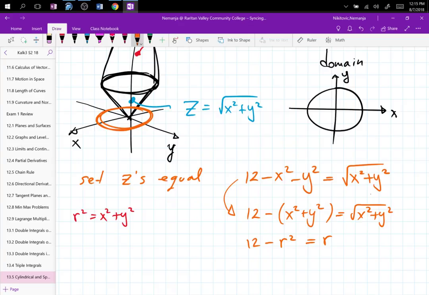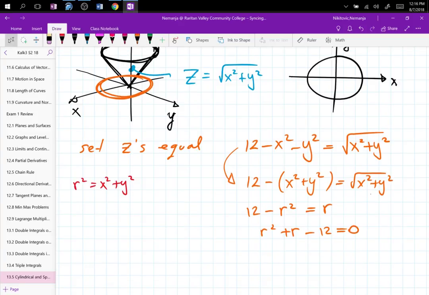So move all of the things to one side. You have r squared plus r minus 12 equal to 0. When you factor this, you get (r plus 4)(r minus 3) equals 0.